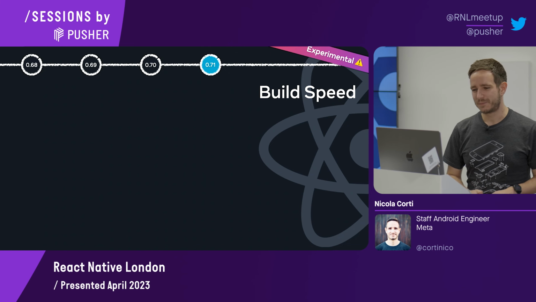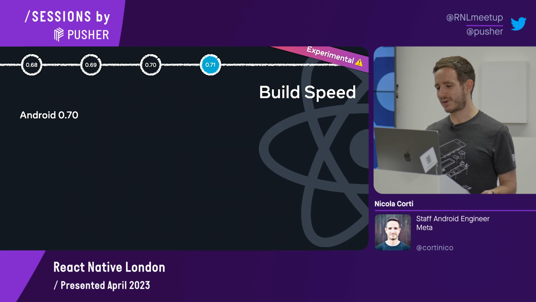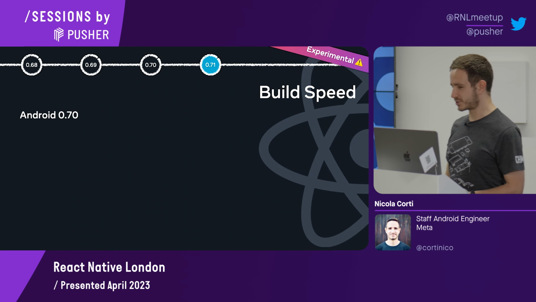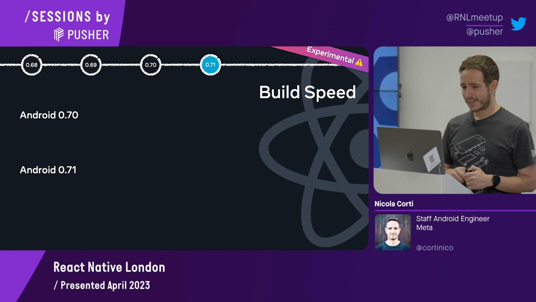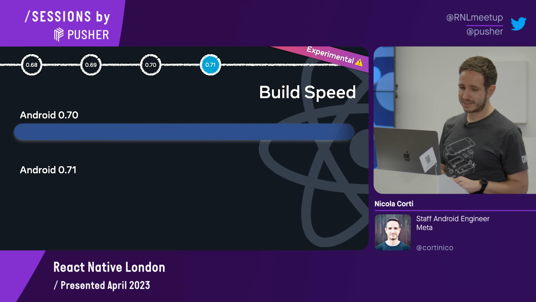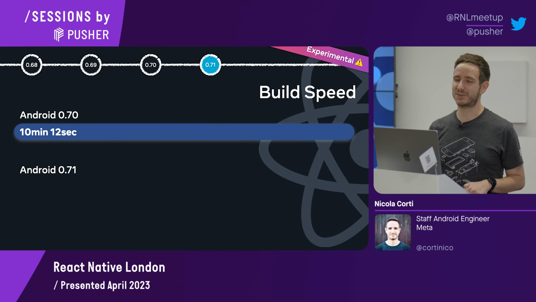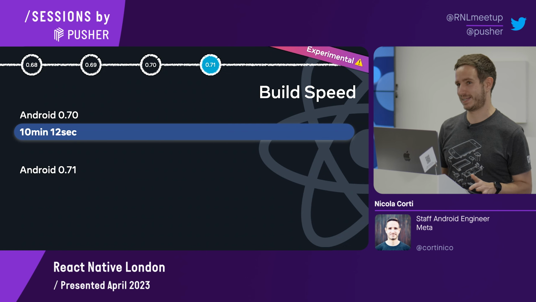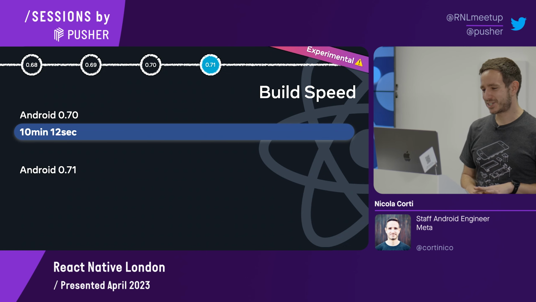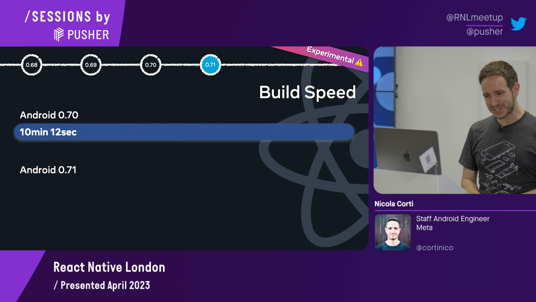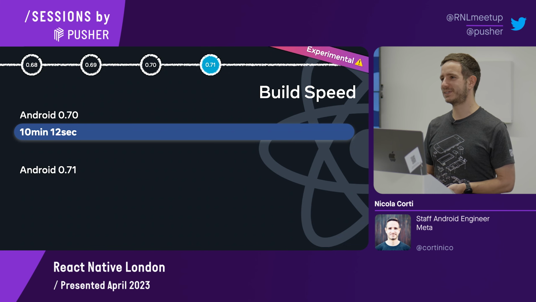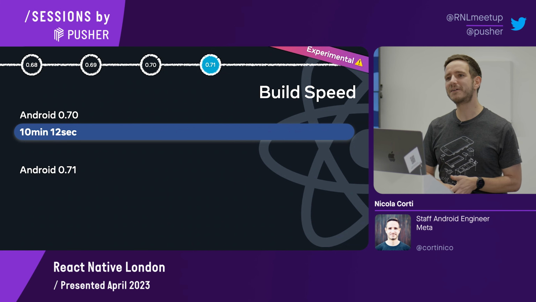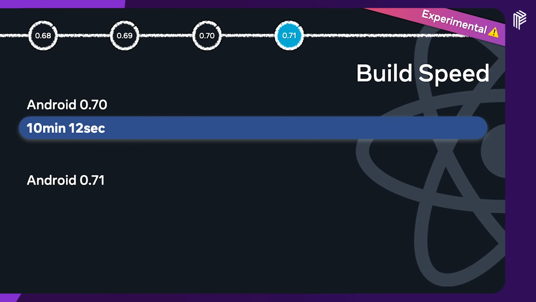For example, build speed. If we compare how an Android new architecture build runs between 0.70 and 0.71, a clean build takes 10 minutes and 12 seconds on 0.70 on an M1 Max, which is quite a beefy machine. We had users on the issue tracker reporting that they had a MacBook Air, and their builds were taking more than 1 hour and never finishing, which I can understand.